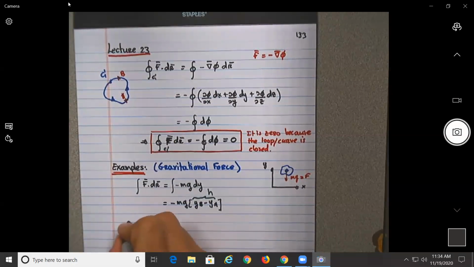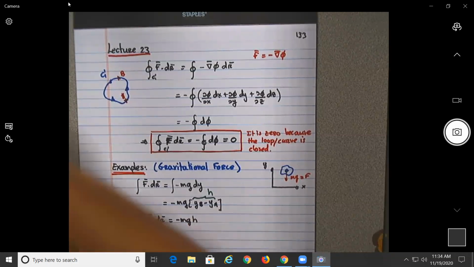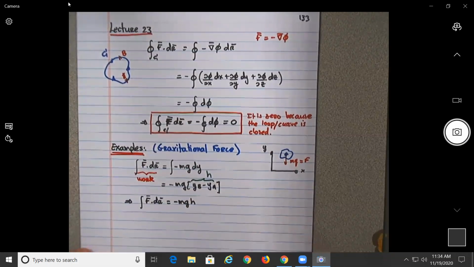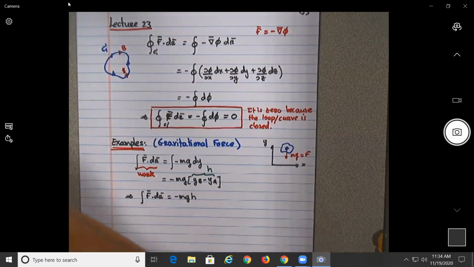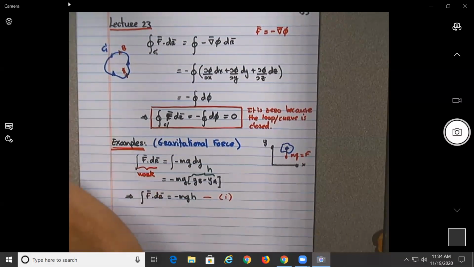So basically that tells you that the work done by the gravitational force, which is the integral of F dr, is equal to minus mgh, okay? And this should be work. So you see, this is really what you call potential energy, no? But you really see that the definition is that it's work done by a force, by the gravitational force. So let's call this one I.